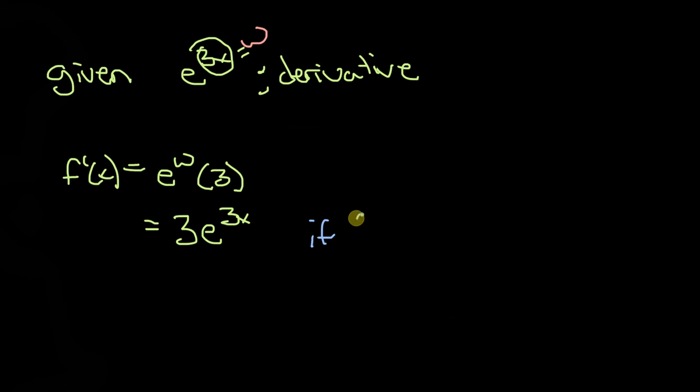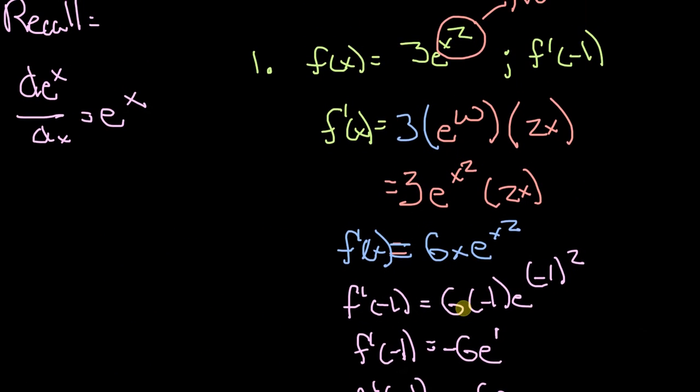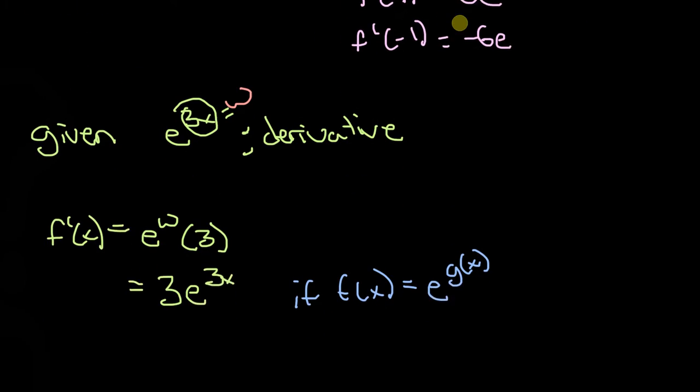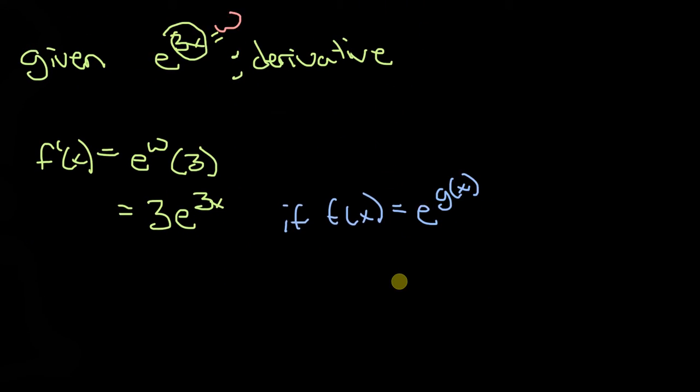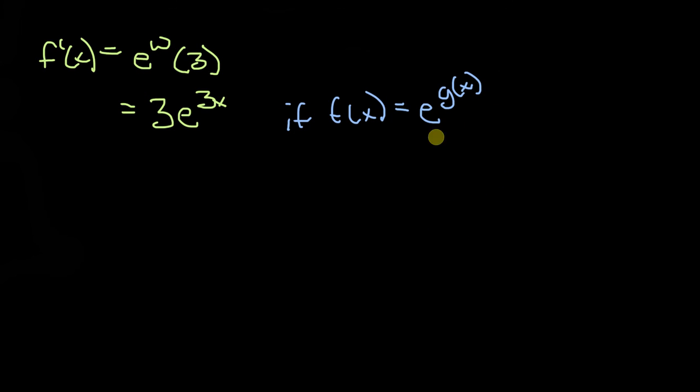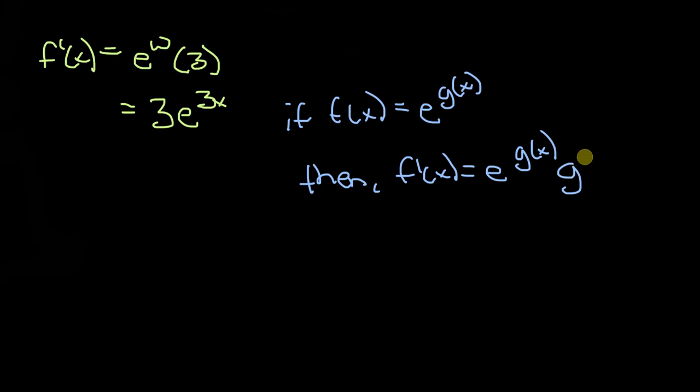So if f of x is equal to e to the g of x, which is an example that we covered both here and over here, then the derivative is going to be equal to e to the g of x, which we have confirmed in both questions, times the derivative of the exponent.